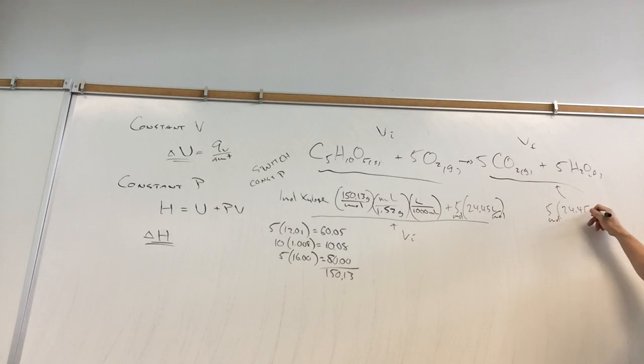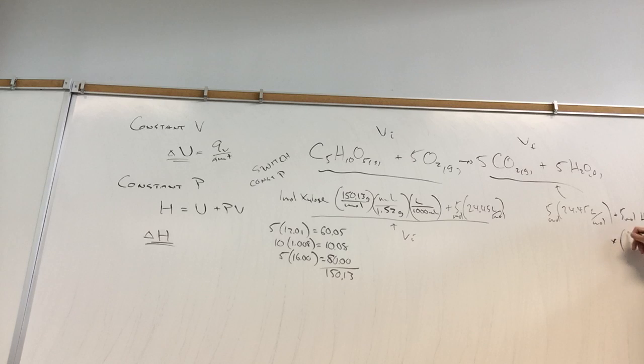5 moles of gas, 24.45 liters per mole. We're just assuming it's at standard, or regular, or normal conditions. And then 5 moles of H2O, liquid, this is.